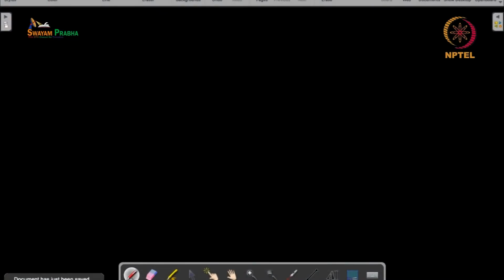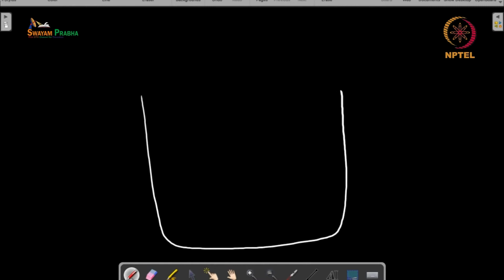So essentially, if we take a tumbler of brine, which is salty water, so here you have water, and this water has a lot of salt in it. And if you take this tumbler and put it into a freezer, you'll find that ice grows.